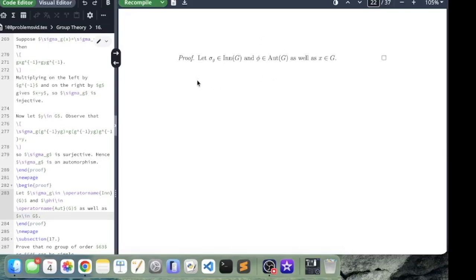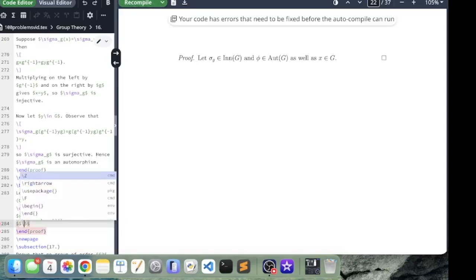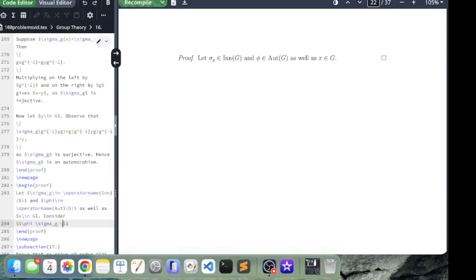Okay, and we want to show normality, so we're going to conjugate sigma sub g by phi. And we're going to look at the conjugation about x. So let me add some notation for this, the composition symbol. Okay, and we want to show that this guy is still in the inner automorphisms.